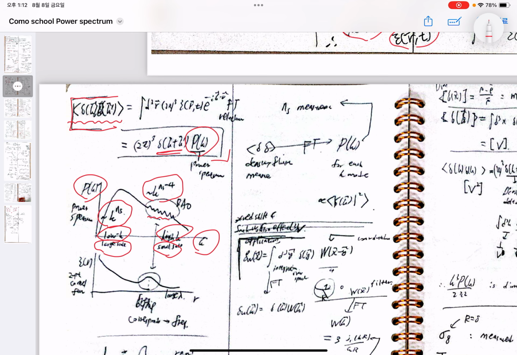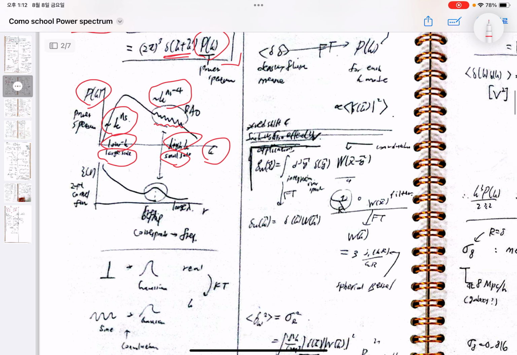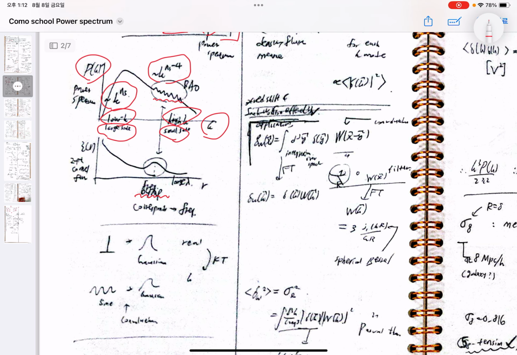And there's some fluctuating behavior which comes from the baryon acoustic oscillation. And such fluctuating behavior makes a bump in the 2-point correlation function plot. This can be obtained by the convolution between the Gaussian function in the real space.